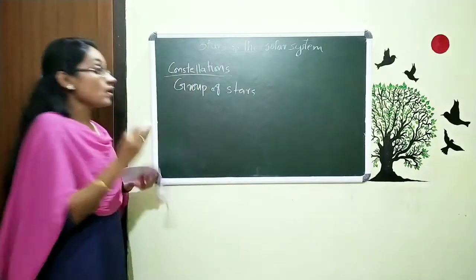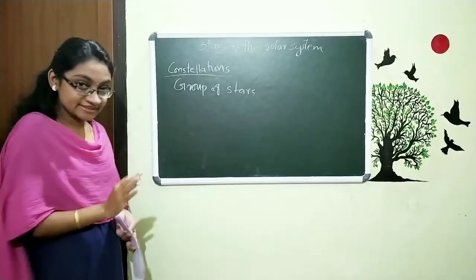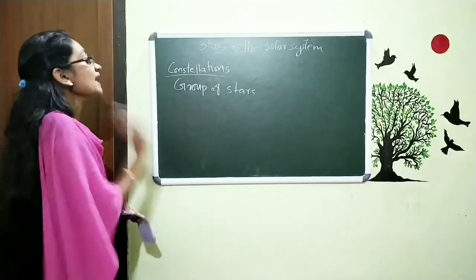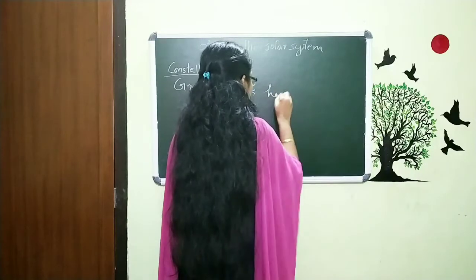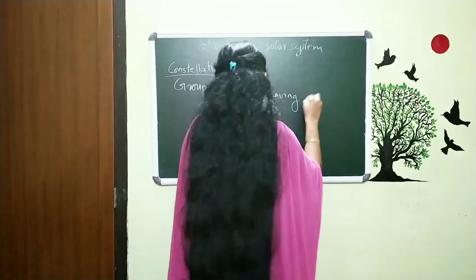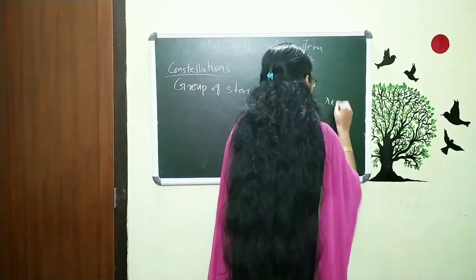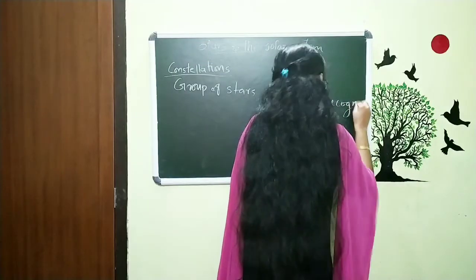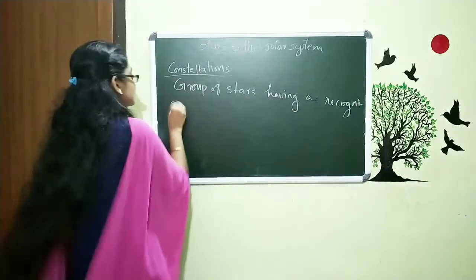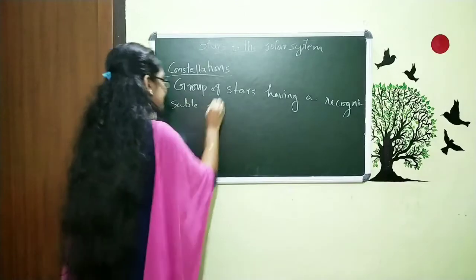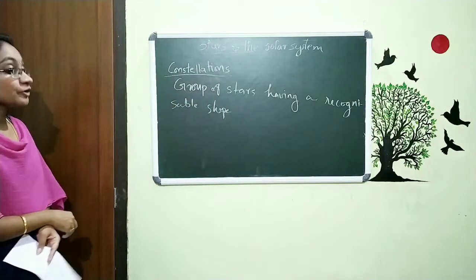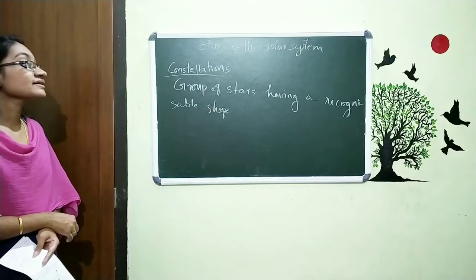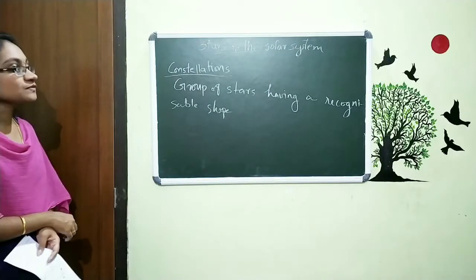We are not calling every group of stars a constellation. It has a peculiarity: a group of stars having a recognizable shape is called a constellation.